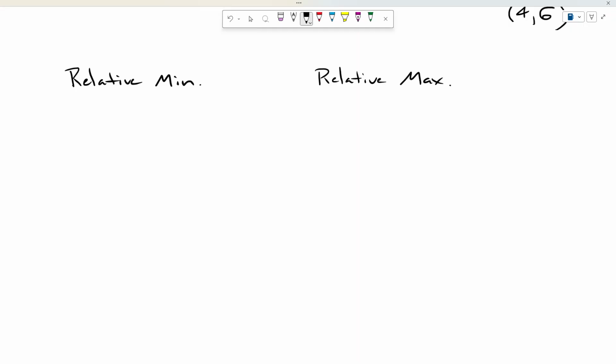All right, relative max and relative min, and you may also sometimes see it called local. So either or, they mean the same thing, whether you say the relative min or the local min.